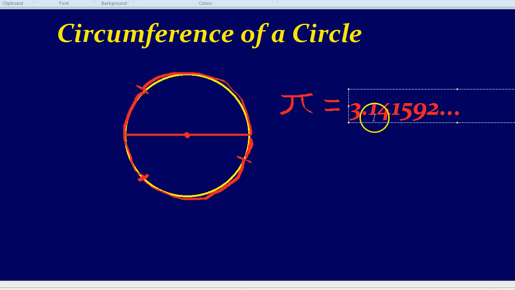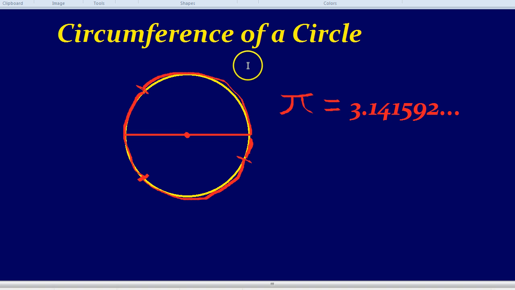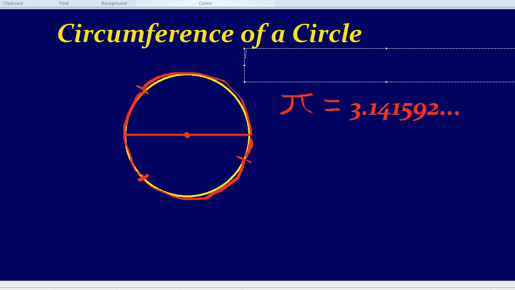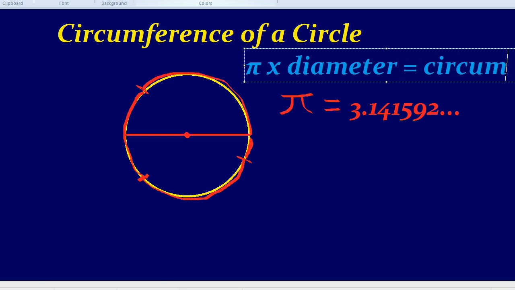But from that amazing discovery, we now have what we wanted, which is a formula for finding the circumference of a circle. This is what mathematicians dreamed of for centuries before they found it. The formula would be, therefore, pi times the length of the diameter will give you the circumference. I'll just call it circum for short.